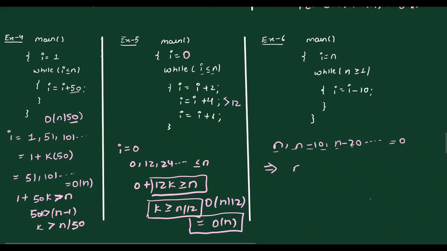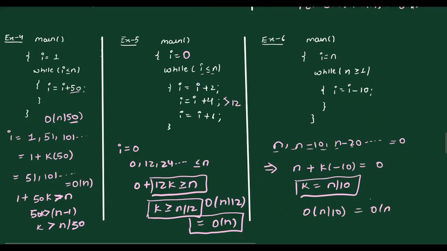You can write A plus n minus 1 into D. So let's say A plus k into minus 10 is equal to 0, or k is equal to n by 10. So again your time complexity is order of n by 10, which is big O of n.